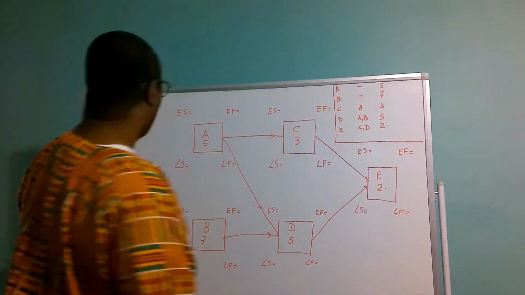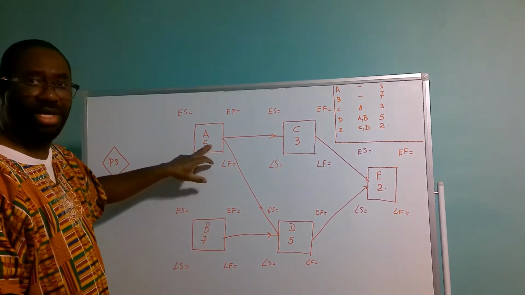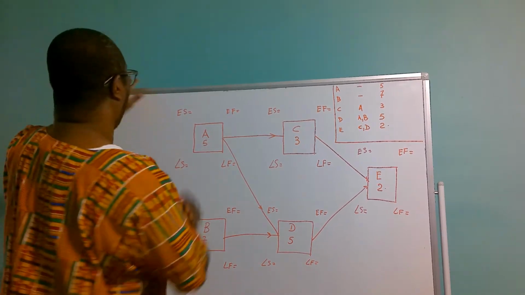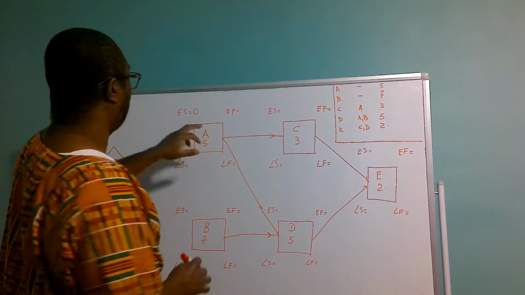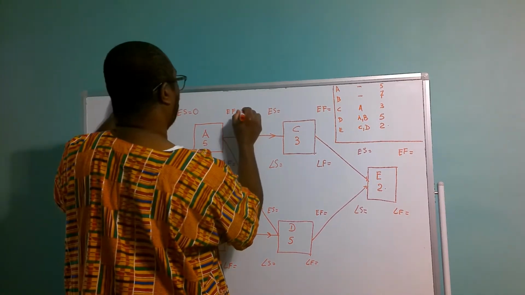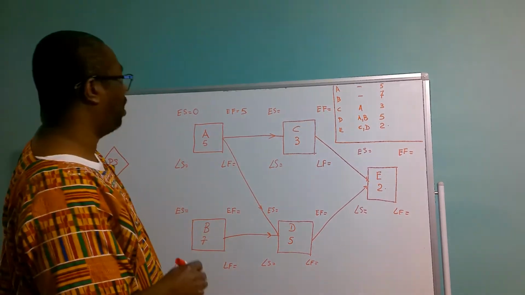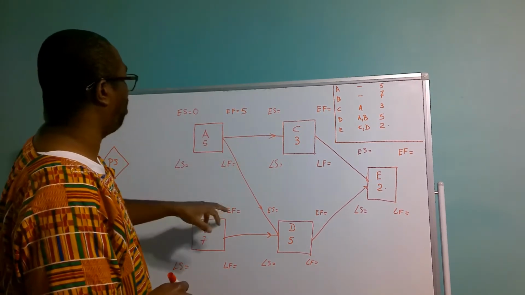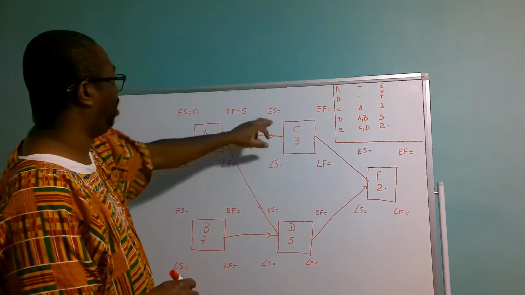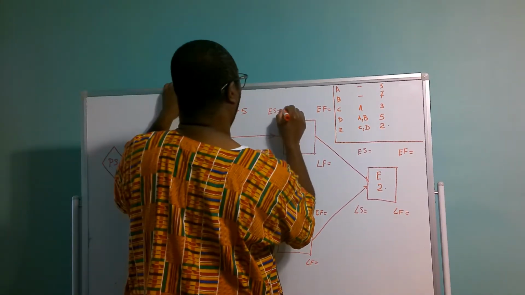So we have A, which has a duration of 5 days. The early start of A is going to be 0, and 5 plus 0 is 5. So the early finish of A is going to be 5 days. Since C comes out of A, the early finish for A is going to be the early start for C. So we'll bring our 5 right here.